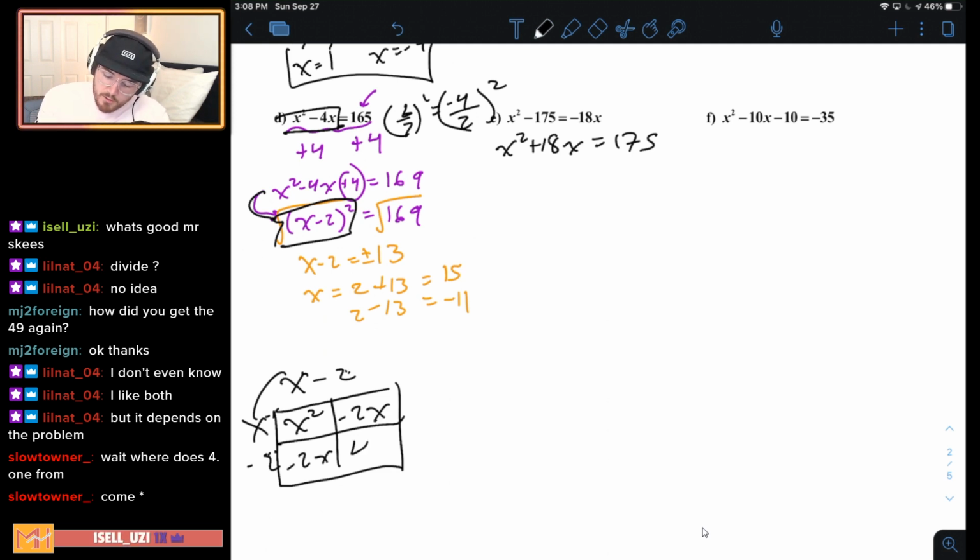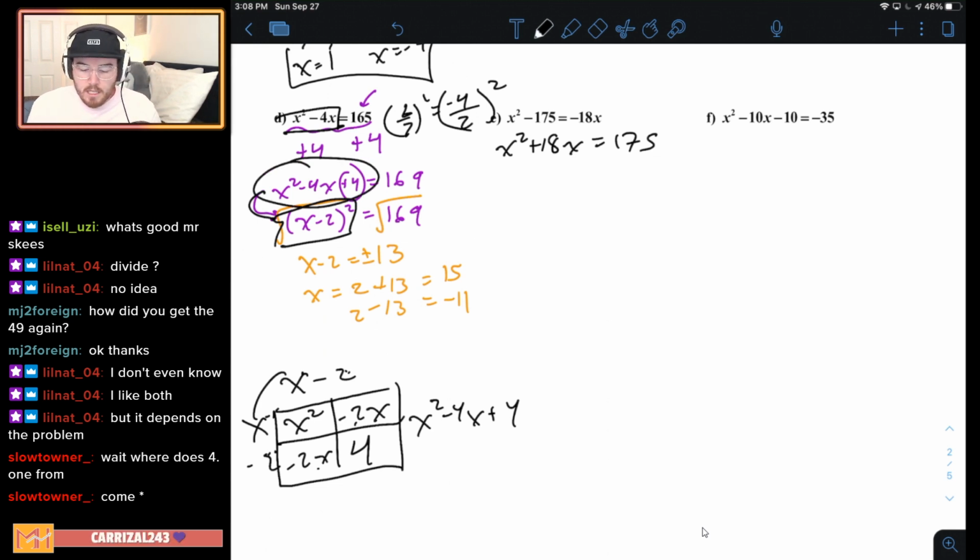And negative 2 times negative 2 is positive 4. When you add your negative 2x's together, you get x squared minus 4x plus 4. Exactly. So that's why I added 4: it's that super special number that allows me to jump straight to x minus 2 squared. I can just make that leap without even having to think.